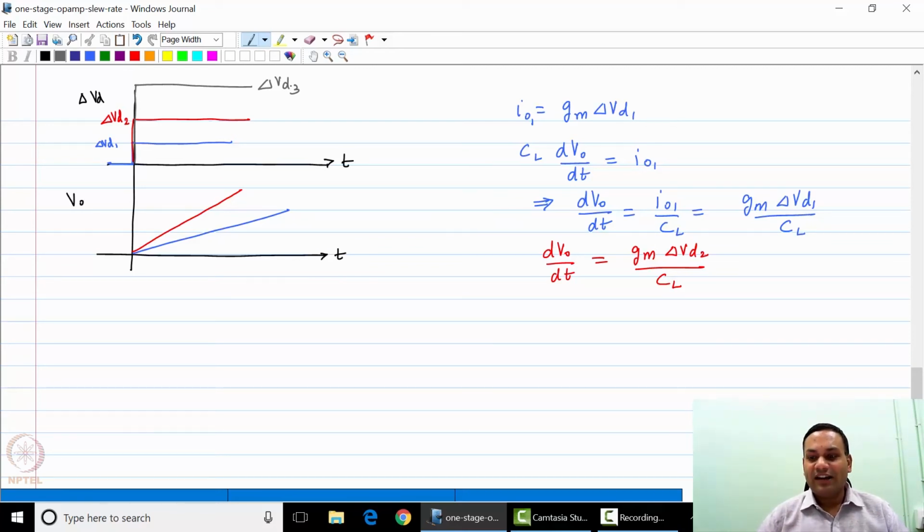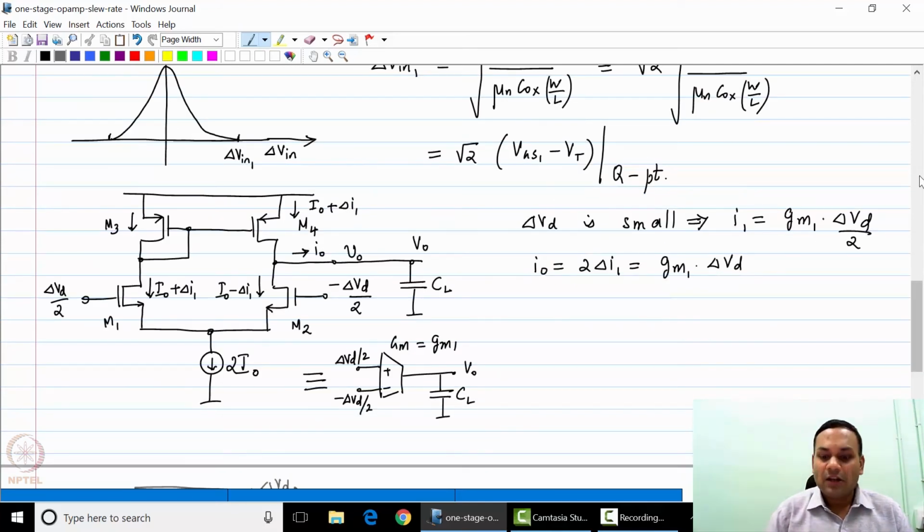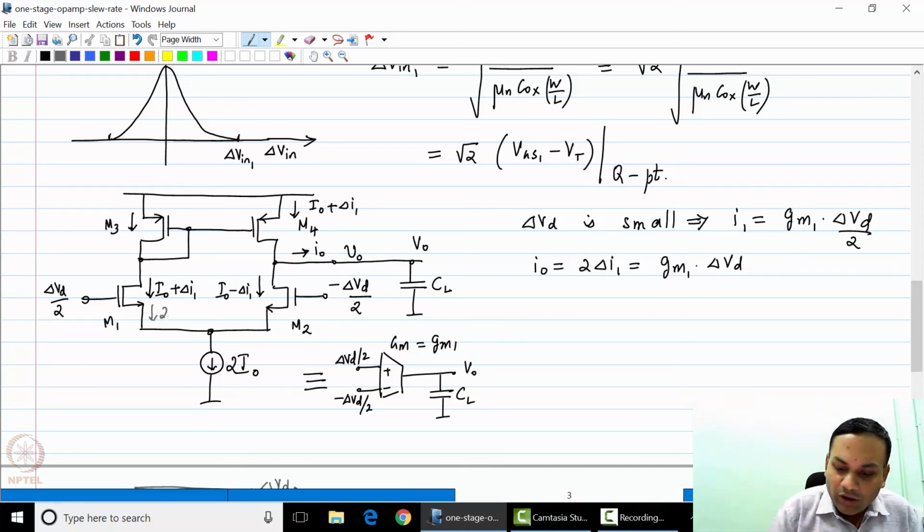the largest current that can flow out of the device is clearly limited, because at that point all of the current 2I0 would flow through M1. So this current is 2I0, this current is 0, and this 2I0 current flows through M3 and flows out of M4 into the output.